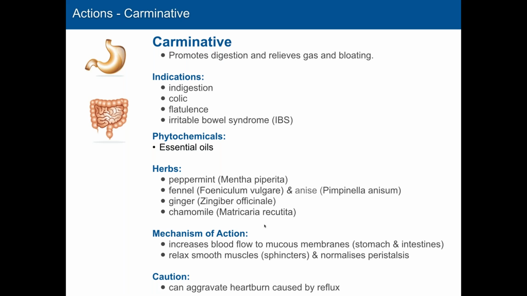What the carminative will do in that case is help to relax those sphincters and help to normalize peristalsis. So it'll help to relieve some of the cramping pains, but also those sphincters in your intestinal tract will relax to allow the gas to travel through the system.